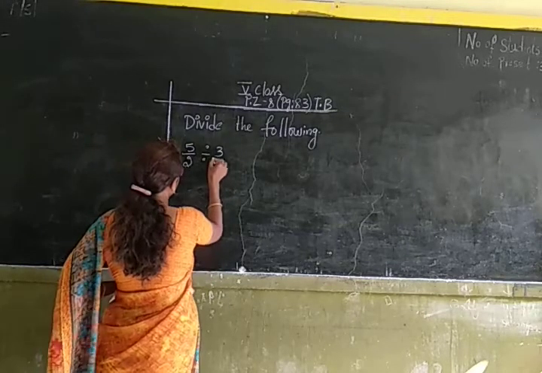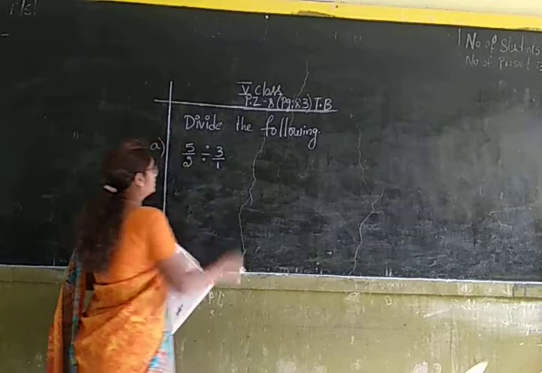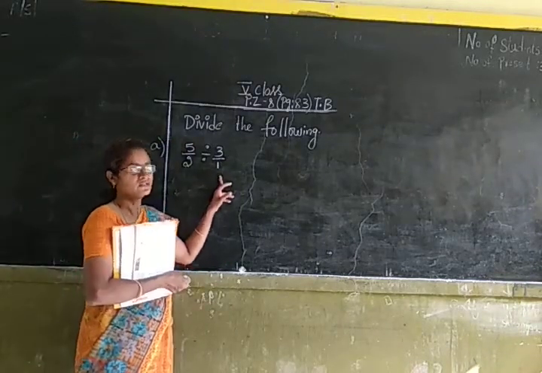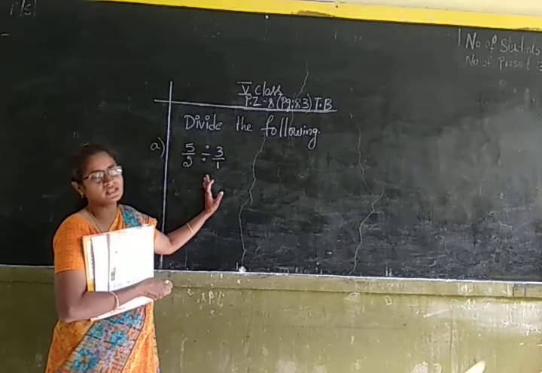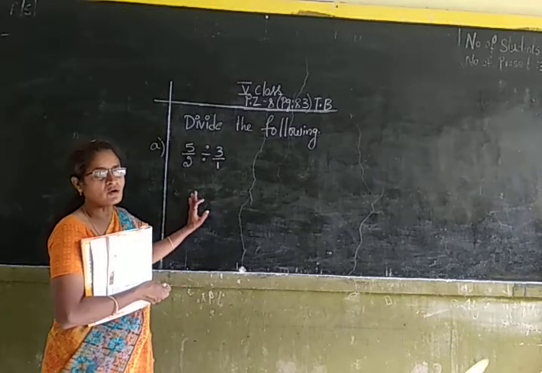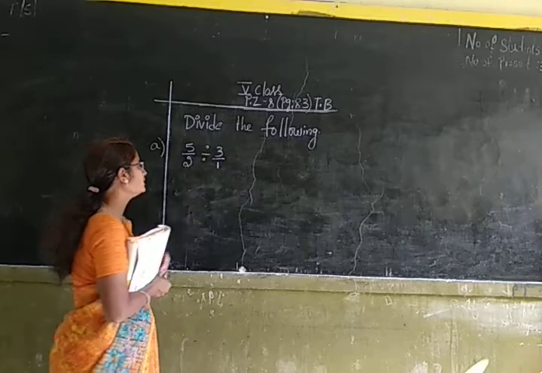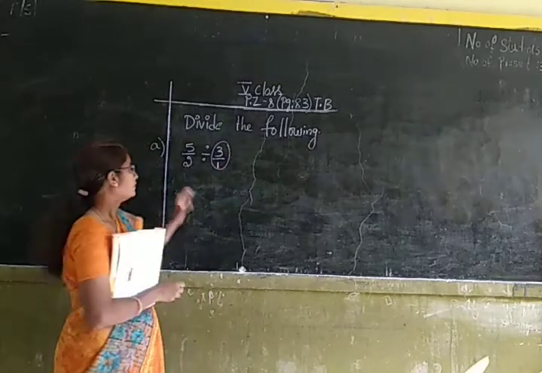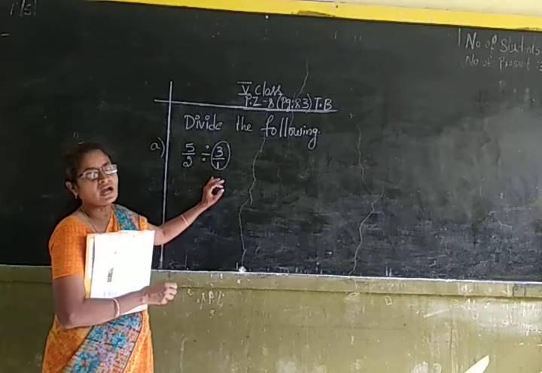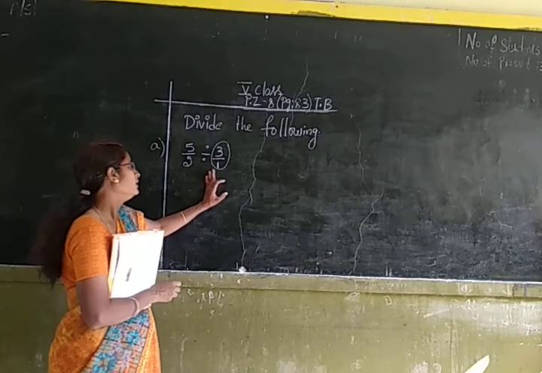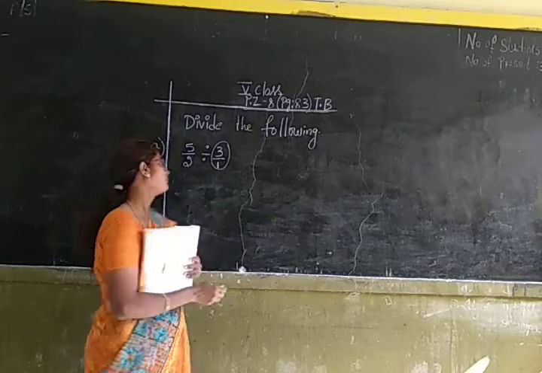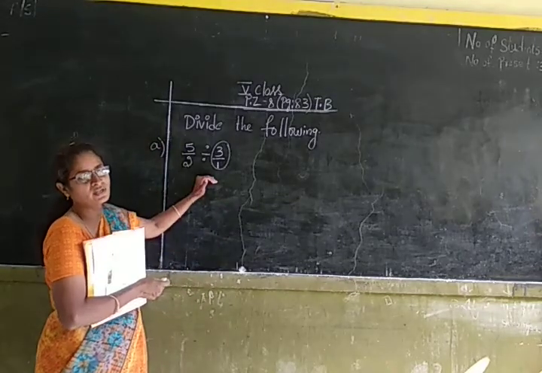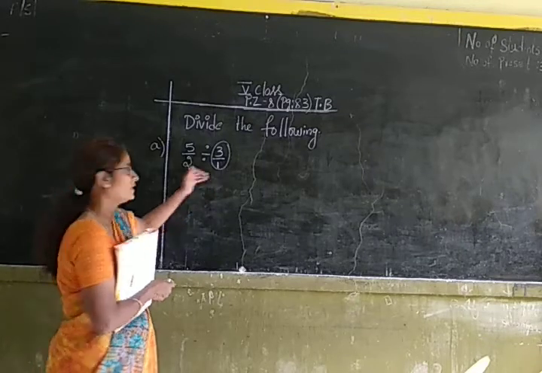So now let us write 1 under 3. Let us assume 1 under 3. So 3 by 1 is always 3. Now we have to write down the reciprocal of the whole number. Reciprocal means you write the numerator as the denominator and the denominator as the numerator.